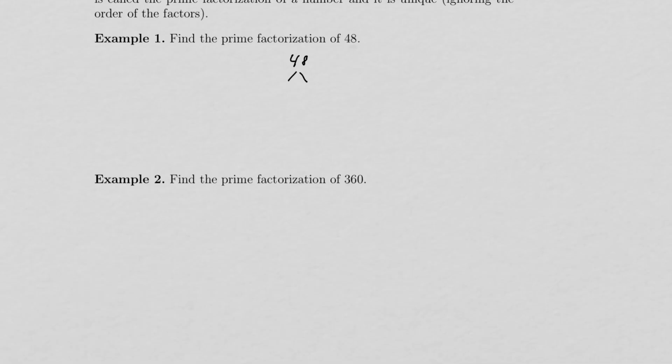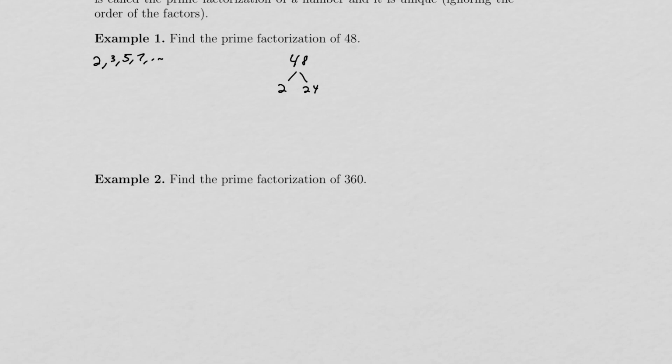So again, remember that the prime numbers are 2, 3, 5, 7, and so on. So ask yourself, does 2 go into 48 evenly? Yeah, it goes in 24 times, right? 48 is even, so 2 definitely goes into it. It goes into it 24 times.